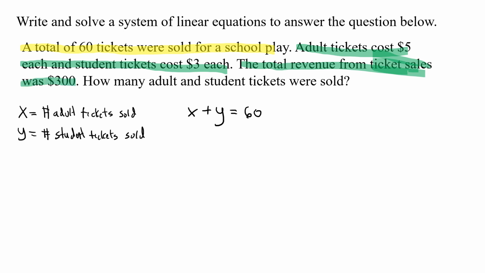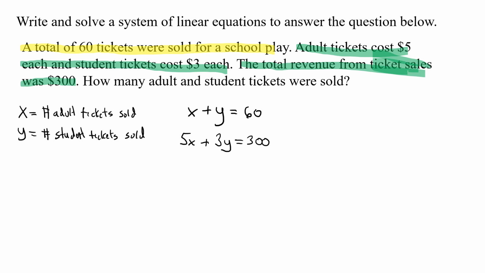So what that means is if we take the amount of money made from adult tickets, that's 5 times every adult ticket, so 5x gives me the total money made from adult tickets. And we add that to the money made from student tickets, so for every student ticket sold we've earned $3, so 3y is the total money made from those ticket sales. The sum of that should equal $300. So this is my system.